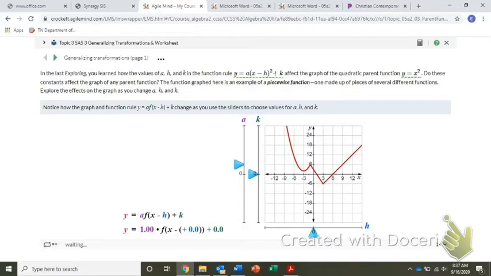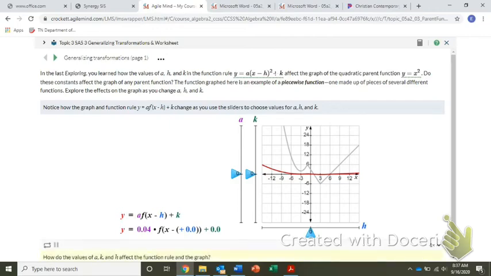So, the same rules apply as what we talked about yesterday. If you look at A, you notice that if A is greater than 1, the graph becomes more narrow than the original. Now, if I go back to 0, I got almost a straight line.